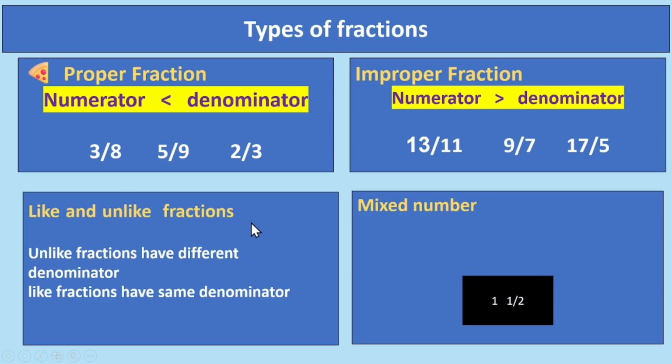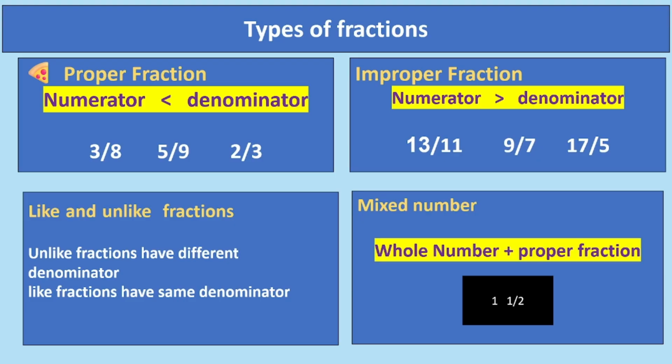Okay, the last type with us is the mixed number. What is the mixed number? The mixed number consists of whole number plus proper fraction. When I eat one orange and I still want it again, and I bring another one and divide it into two parts, then I eat one half.